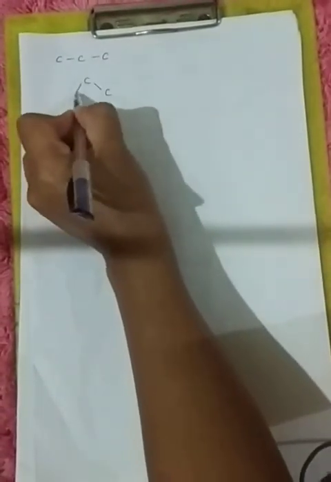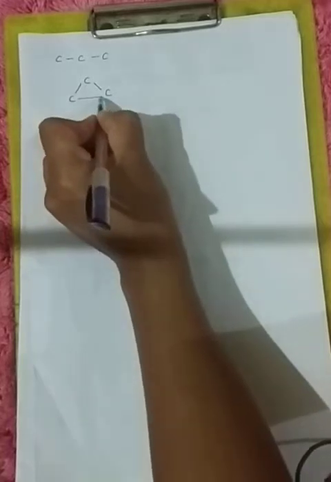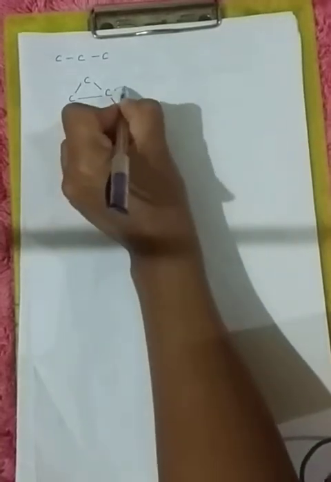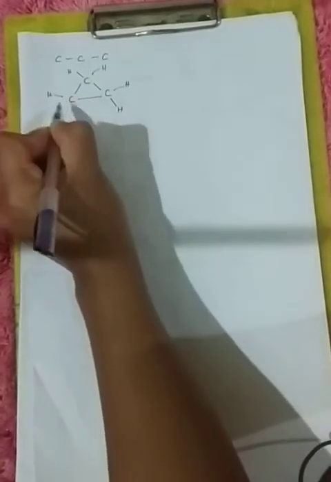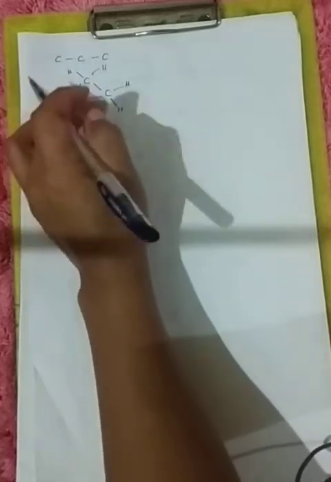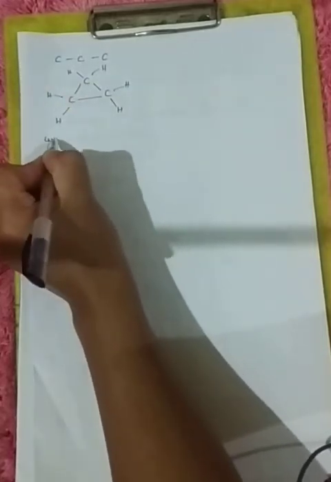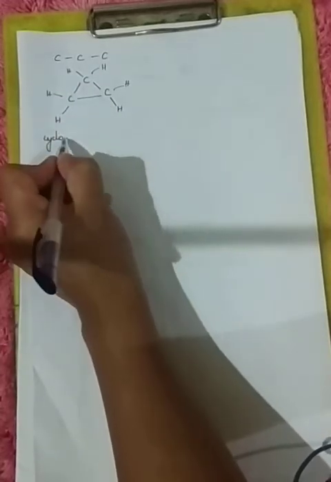If we have 1, 2, 3 carbon atoms, we can turn it into a cyclic structure in this way. Join them and then add hydrogen atoms, and we get a cyclic structure. To a cyclic hydrocarbon we give the name cyclo. The 3 carbon compound is known as propane.